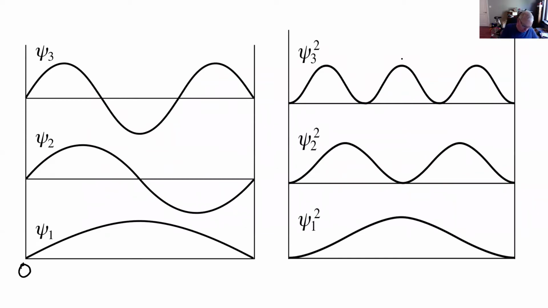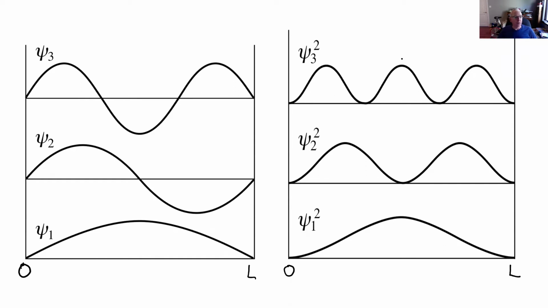In both sets of graphs, we're going from 0 to L across the width of the box, and in each case, they're just offset from one another so that we can see them all clearly. If we look at the wave functions themselves, they're sine functions. The n equals 1 solution has half a wavelength of a sine function going across the width of the box. n equals 2 has a full wavelength, n equals 3 has 1.5 wavelengths.